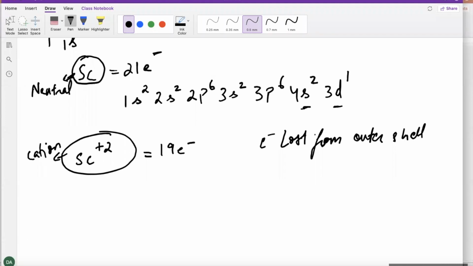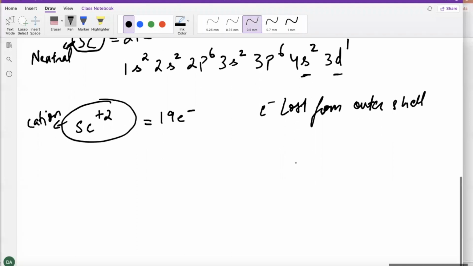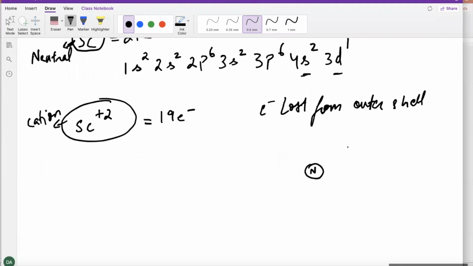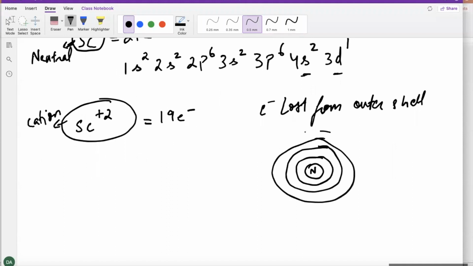Again, remember the outermost, meaning if I draw the floors, so this is the nucleus, which has protons and neutrons. If I start drawing the floors, so this is my first floor, second floor, third floor, and then I've got the fourth floor, like in this case.